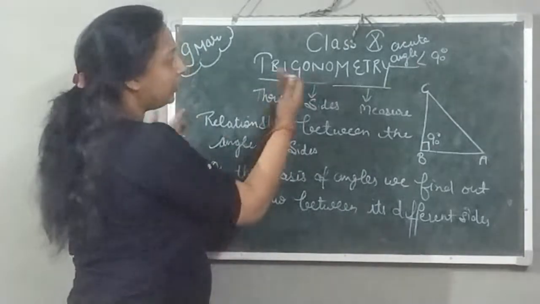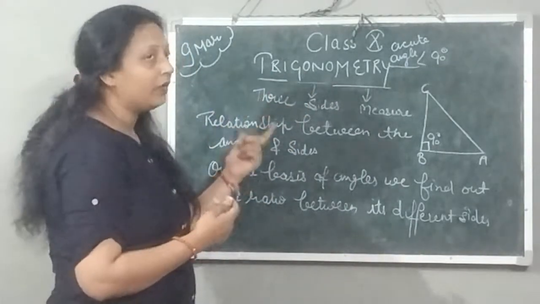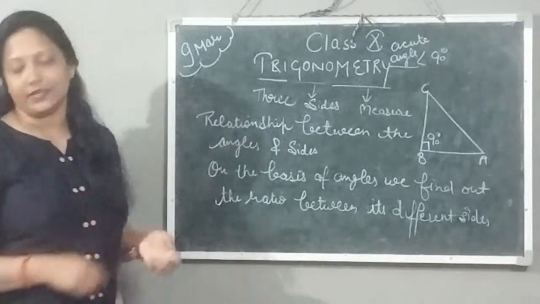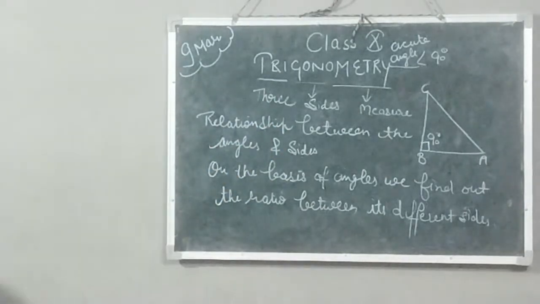Now in the trigonometry, what we are going to cover is how we can find out the relation between angles and sides. Now I am going to tell you about this.